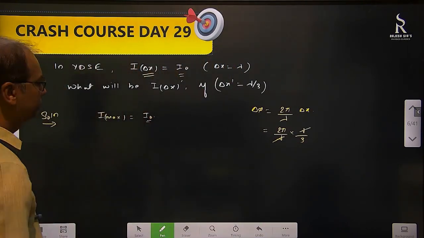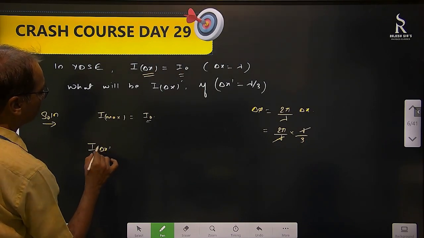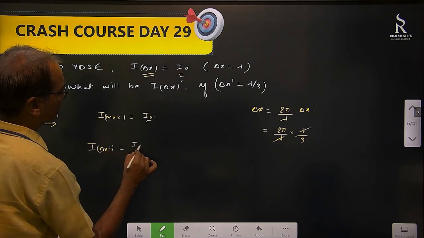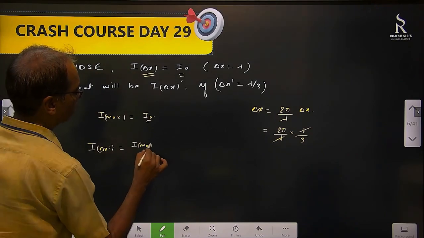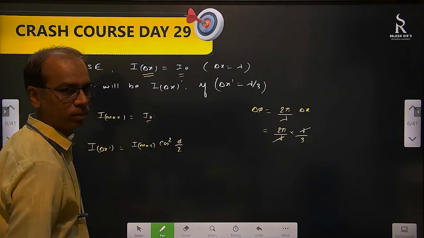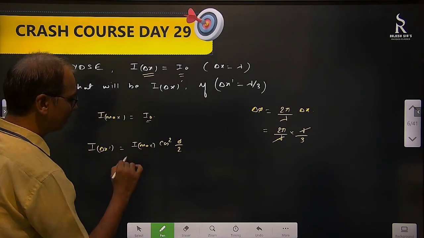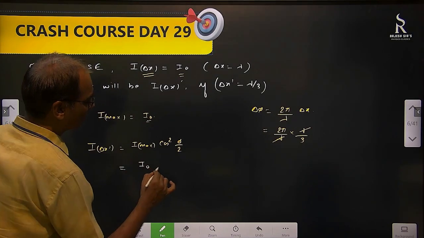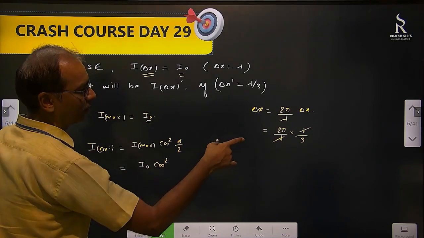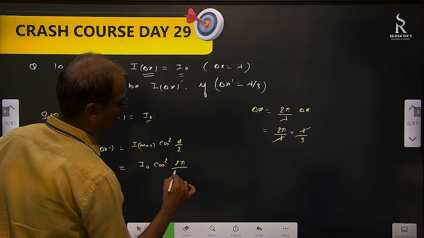So I at delta x dash will be equal to I max into cos squared of delta phi by 2, which is I naught cos square of 2 pi by 3 by 2.